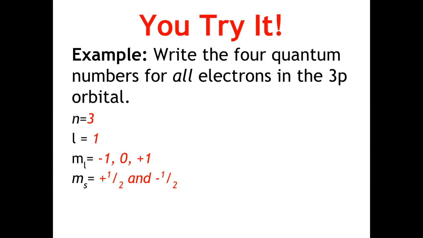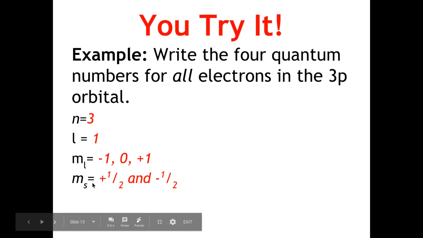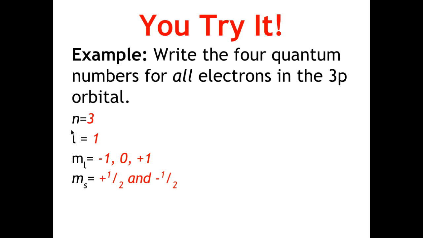What are the 4 quantum numbers for all electrons in the 3p orbital? How many electrons are in a p orbital? 6. So we have to have 6 different answers for this question. I've already given you all the information over here. I'll cover it real fast. 3 would be the principal quantum number.